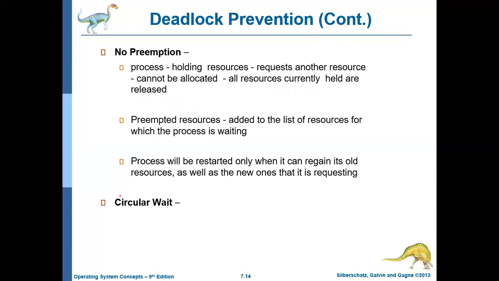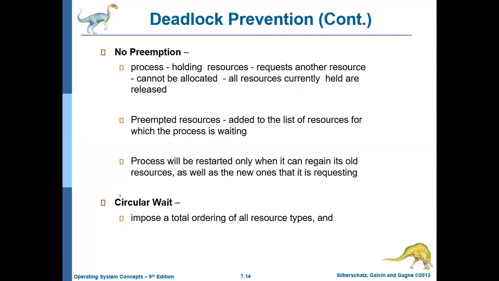The fourth condition for deadlock is circular wait. So how to avoid circular wait? Circular wait can be avoided by numbering the resources. First, impose a strict ordering, or total ordering, of all resource types.